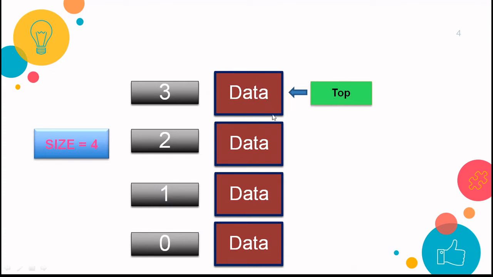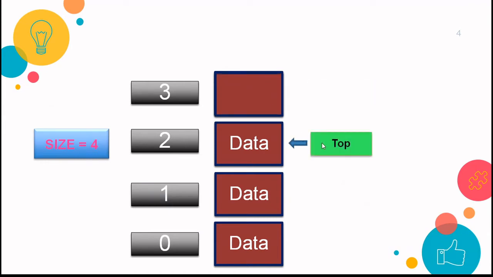Now when I delete this particular data, what will happen? First it will be deleted and then your top will be 3 minus 1, that is 2. We have seen that when I have deleted the data, now your top is pointing to the second location, right? Now again I have to delete this data also.